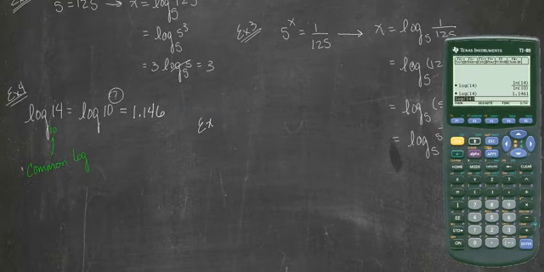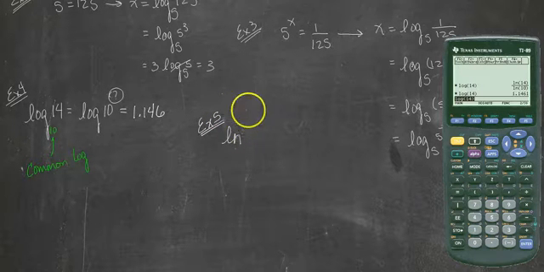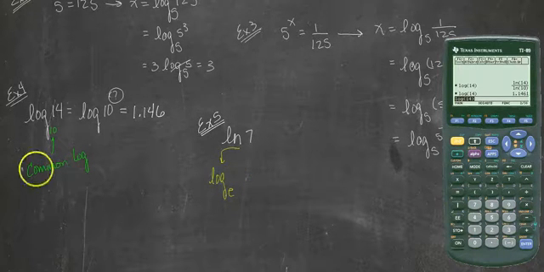So example 5, find the natural log of 7. All right, so ln is a shorthand. This just means log base E. So as I spoke of before, the common log, because humans have 10 fingers and toes, we tend to talk in tens, have 10 numerals in our numbering system.